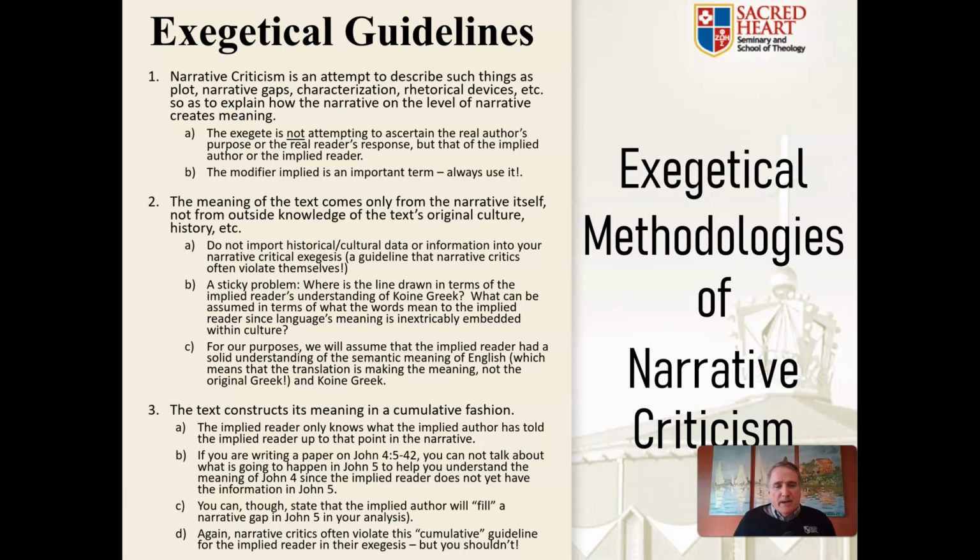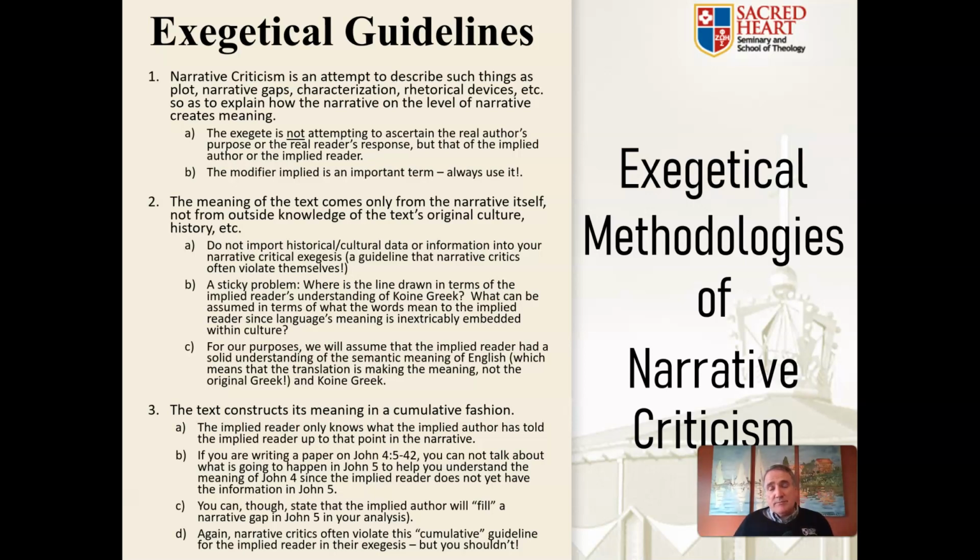And so the implied reader is like a blank slate, right? And its knowledge is only given by what's been told to it by the text. And so all it knows is what the text has said to it so far. That's its knowledge base.